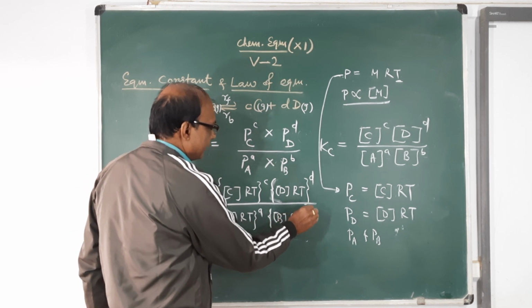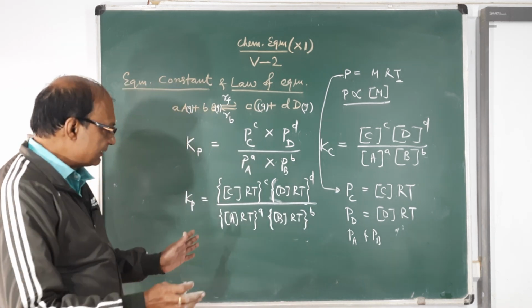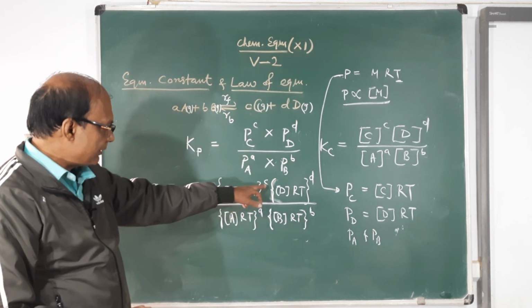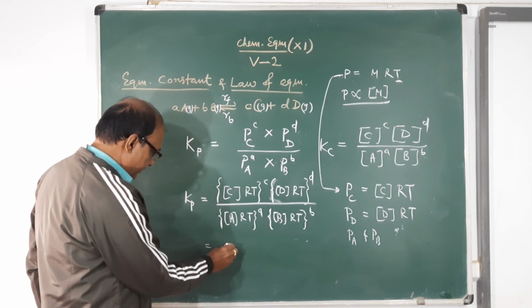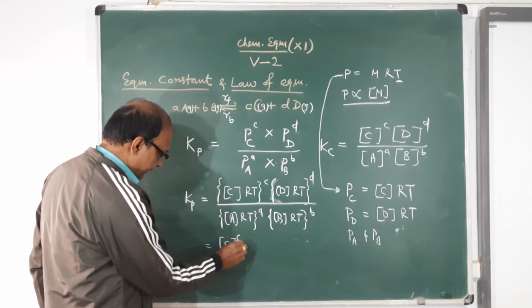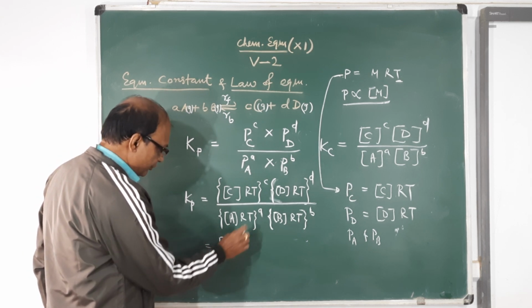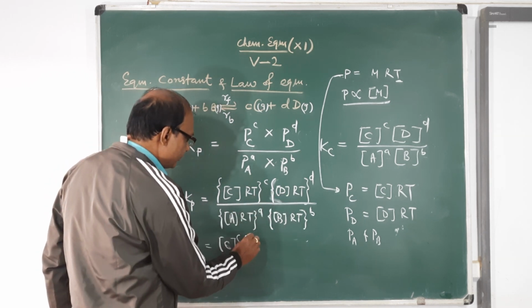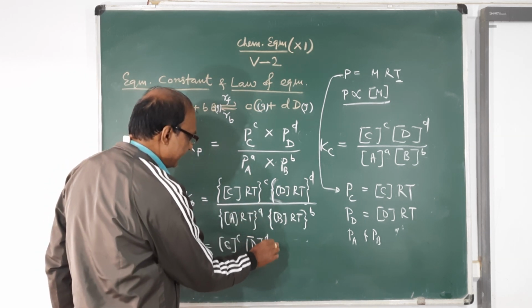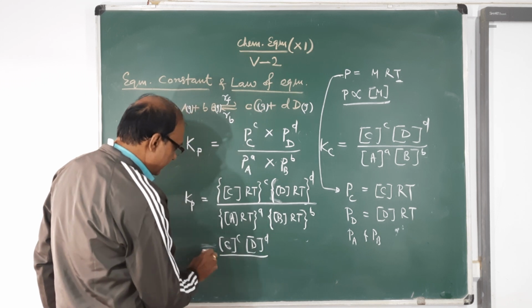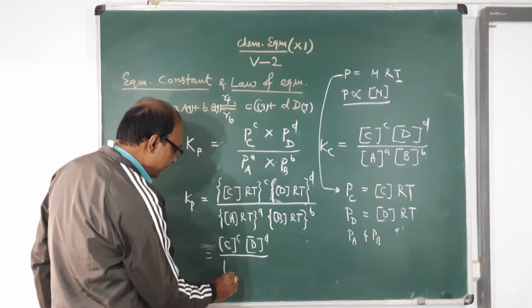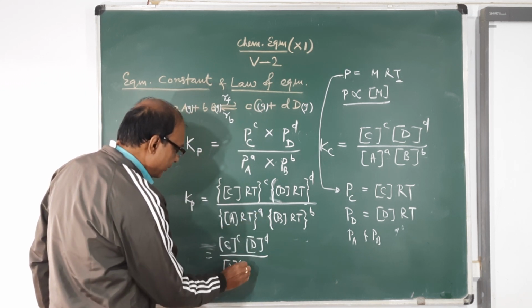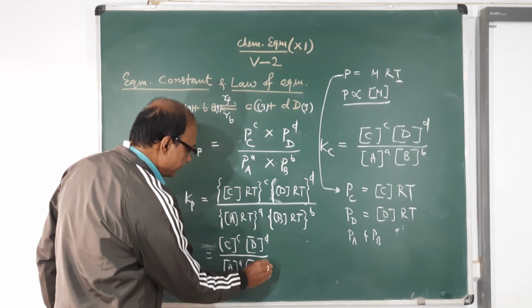See it here. Now separating the terms: concentration of C to the power c into concentration of D to the power d, divided by concentration of A to the power a, concentration of B to the power b.